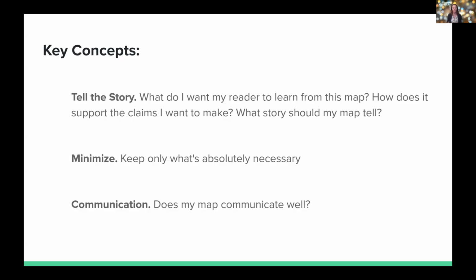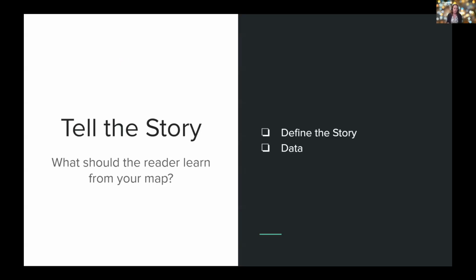And in general, what's the story that I'm telling? Another really important thing is to minimize. We are only going to keep the things that are absolutely necessary, and everything else we're going to get rid of. And finally, focus on communication. Does my map communicate well? Am I telling the story that I want to tell? And am I communicating the things that are important? So let's dive into these three things separately.